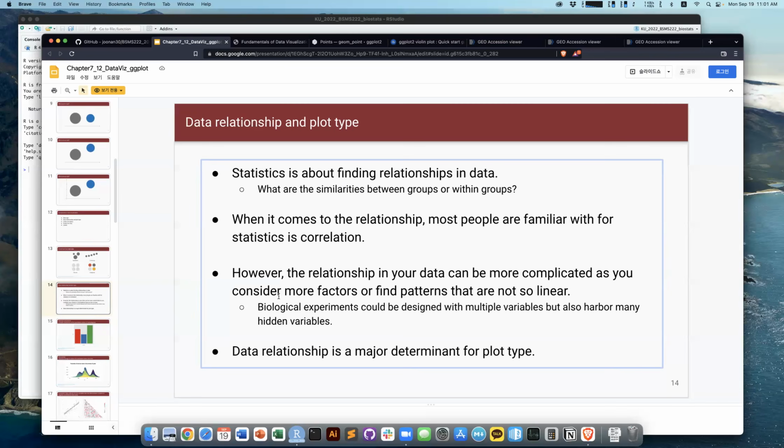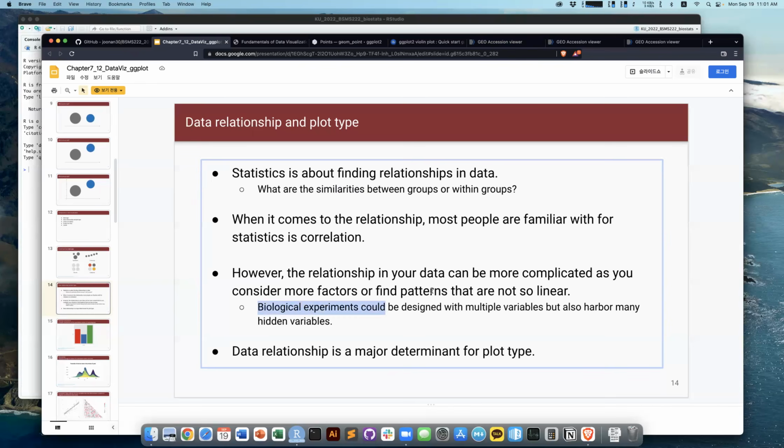So you have to think about the factors or other underlying differences between the data sets. So finding patterns is not always easy and not always linear like you expect, like y equals X, right?